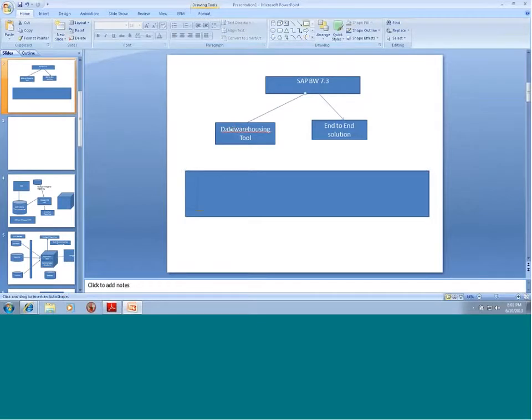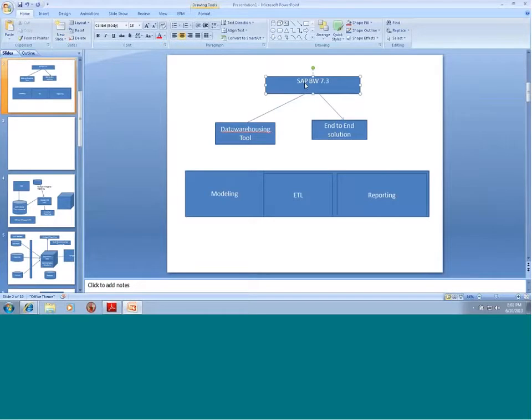If you look at it, the three primary functions are modeling, ETL, and reporting. A data warehousing tool is expected to do all these three functions. A tool is said to be an end-to-end solution if the same tool can provide all three primary functionalities.